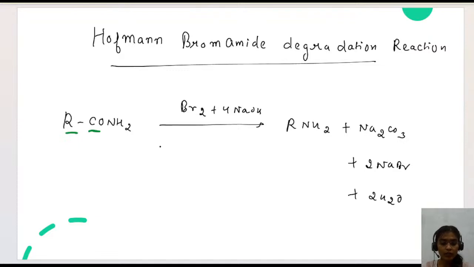Now let's continue with the mechanism part, as we already discussed the main part. Let me write the mechanism, how the reaction proceeds. In this case, the first step is an acid base reaction only.